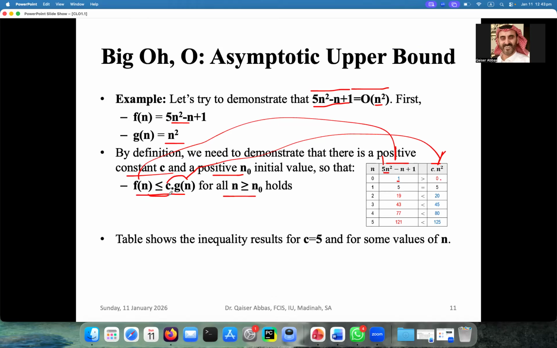It is opposite. We have not finalized our c yet. If I put c is equal to 0, it is also okay.